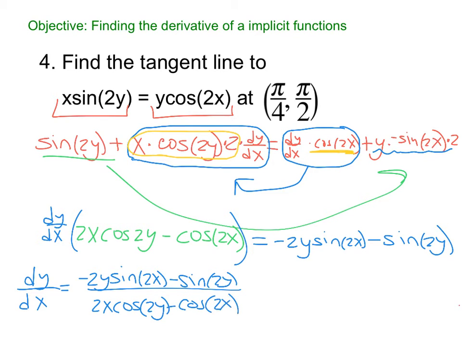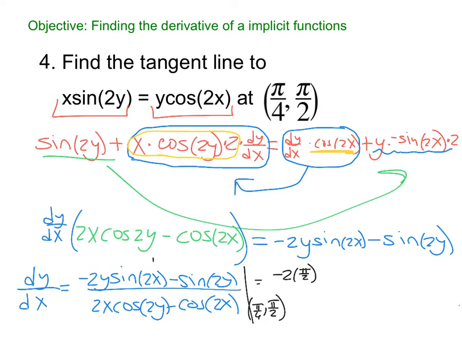Ugh, now we have to plug in. This is going to be a rough derivative. All right, I'm going to use black. So I'm plugging in pi over 4, pi over 2. So we get negative 2 pi over 2 times sine, I'm just going to write my answer.